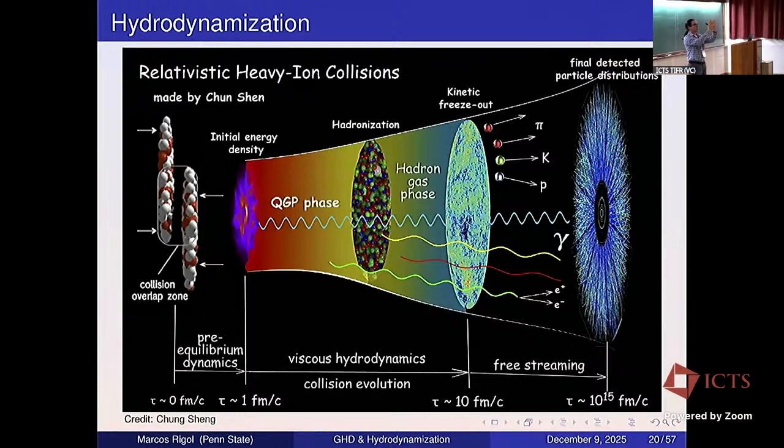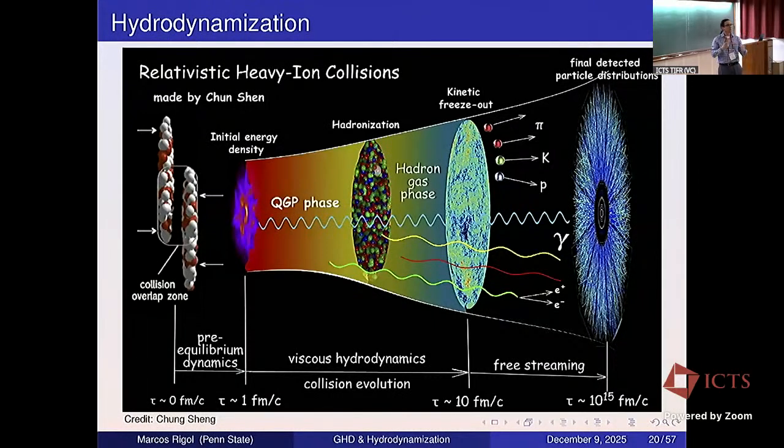When they collide, you get some remnants that are moving away, and in between those remnants, you get a quark gluon plasma. The amazing thing is that in the modeling of those experiments, they find that they don't know what happens right after the collision.